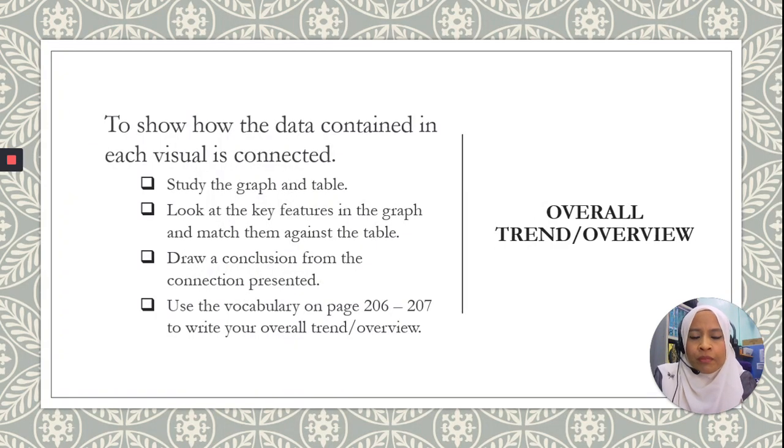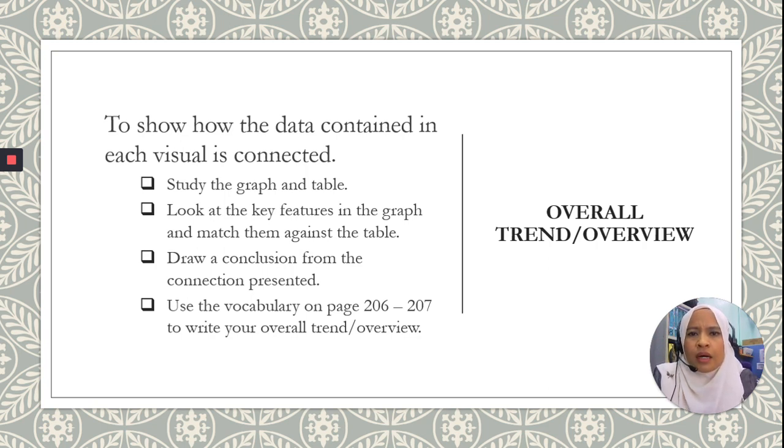Now we move on to writing the overview. The overview is basically a summary of what you see happening in both visuals. You study the graph and table, look at the key features in the graph, and match them against the key features in the table.